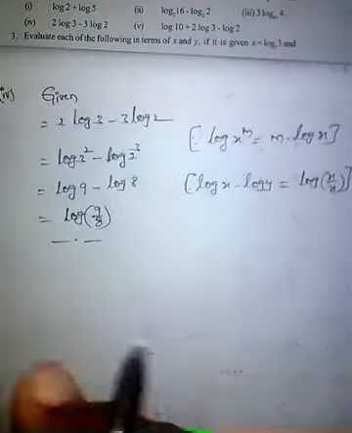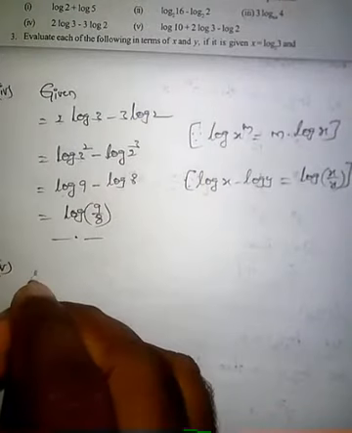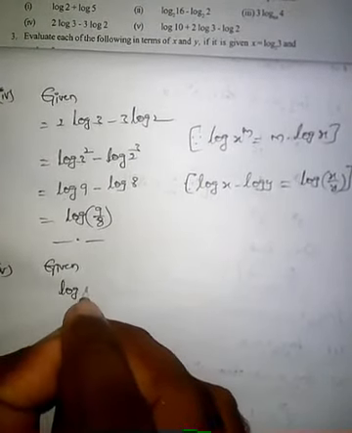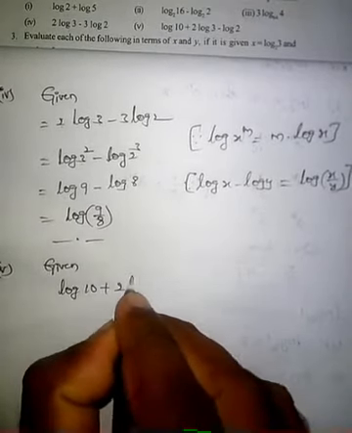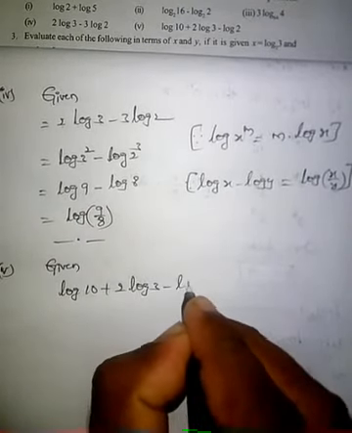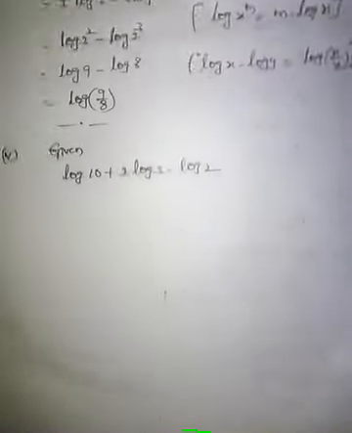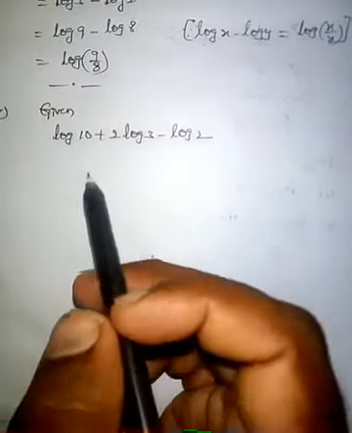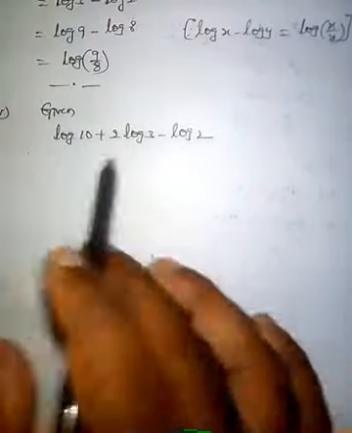Next, the fifth one, given log 10 plus 2 log 3 minus log 2. We have to write the given expanded value as a single logarithm.